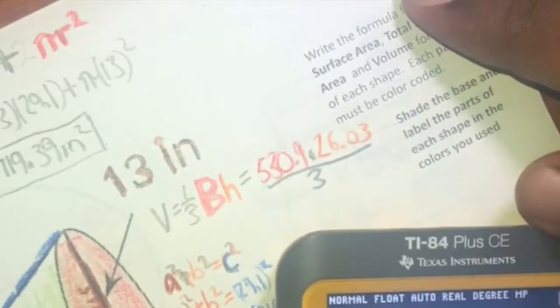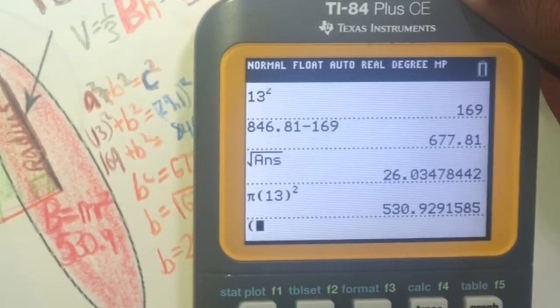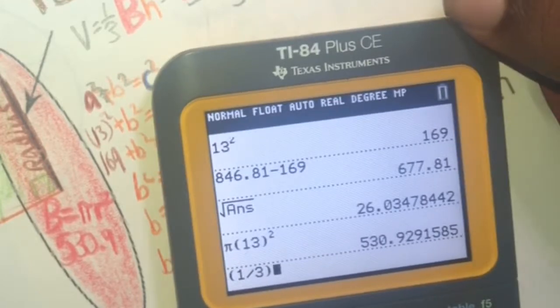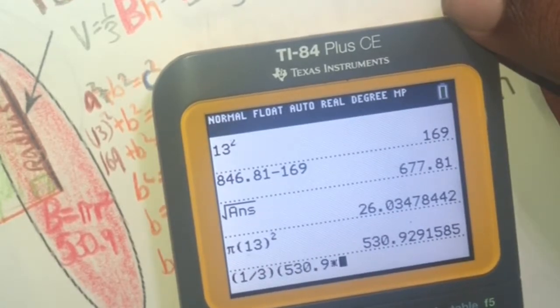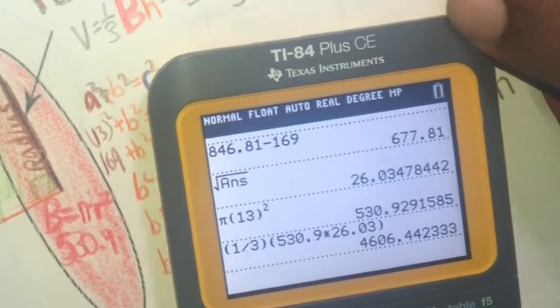An easy way to do that in the calculator is to put the 1/3 in the front in parentheses, and then you multiply the 530.9 times 26.03, and you will get a lovely answer.